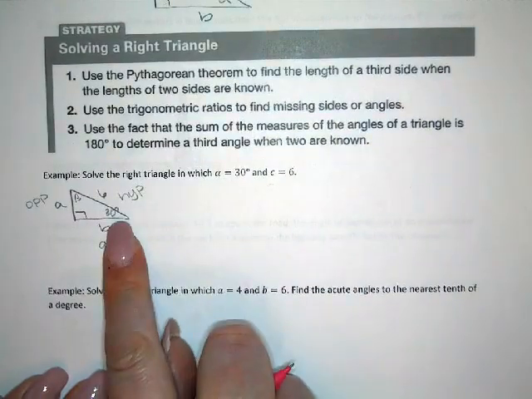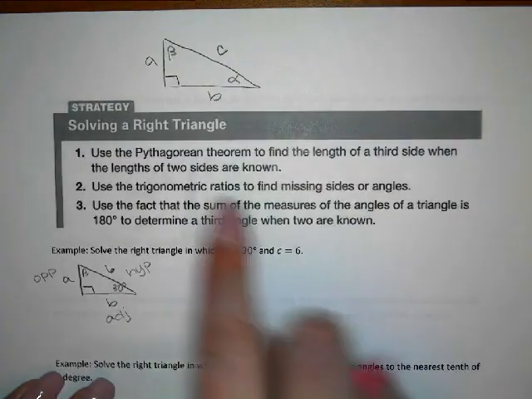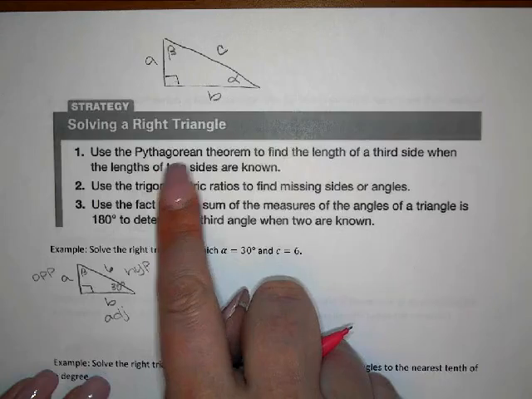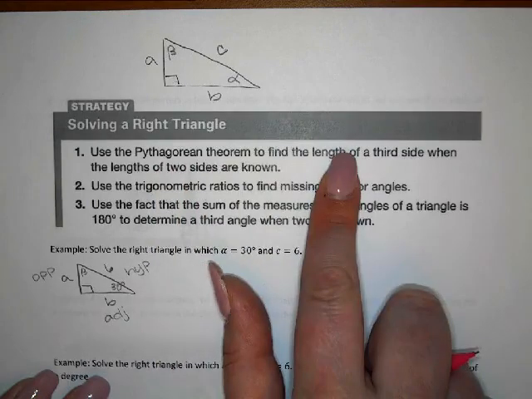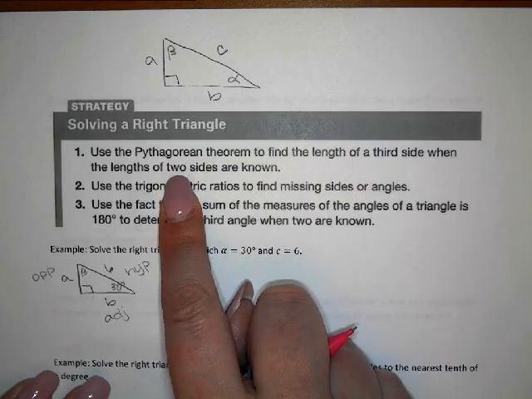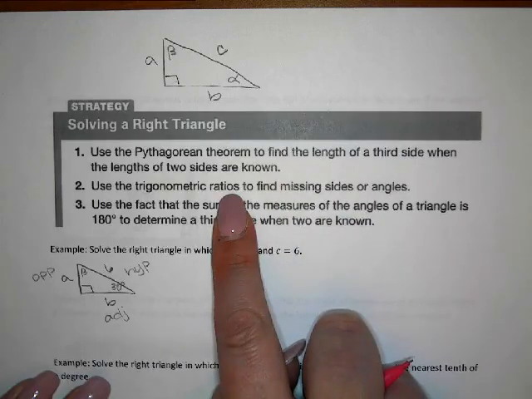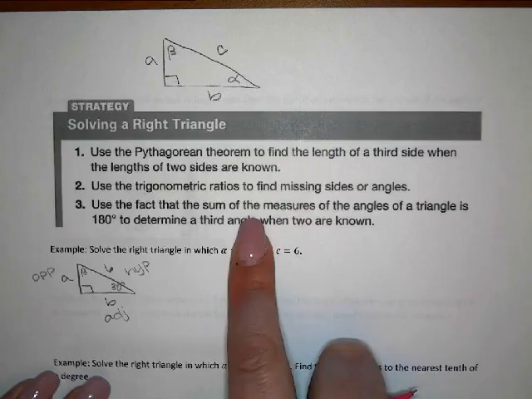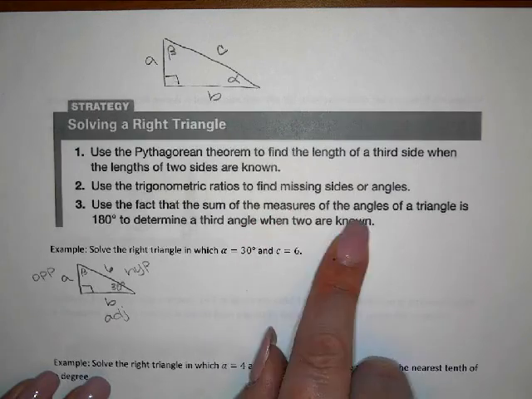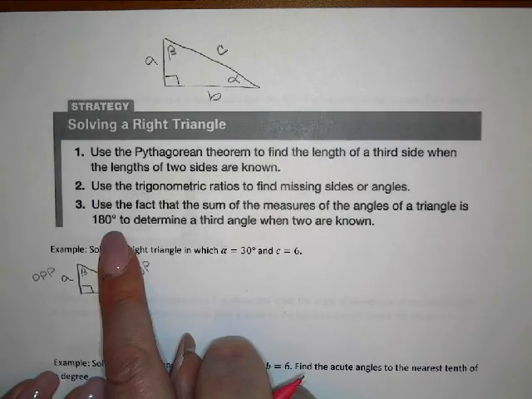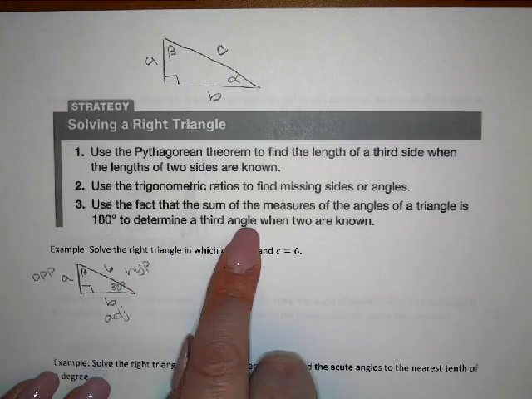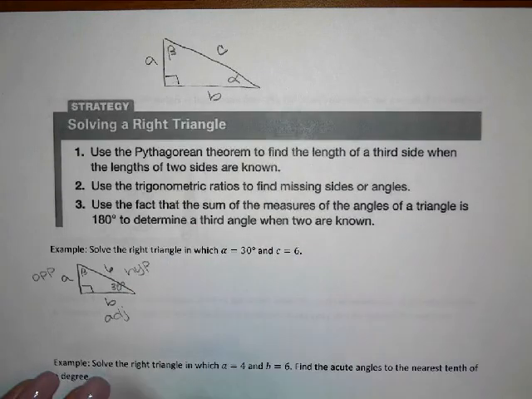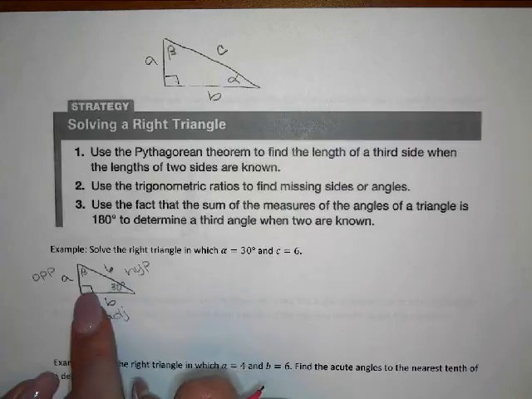So here are just some things. You can use the Pythagorean theorem to find the length of a third side when the lengths of two sides are known. You're going to use trig ratios to find missing sides or missing angles. And then you can use the fact that the measures of the angles of a triangle add up to 180 degrees to determine a third angle if you know two of them. So here we know two of these angles, and so we can go ahead and find angle B pretty easily.